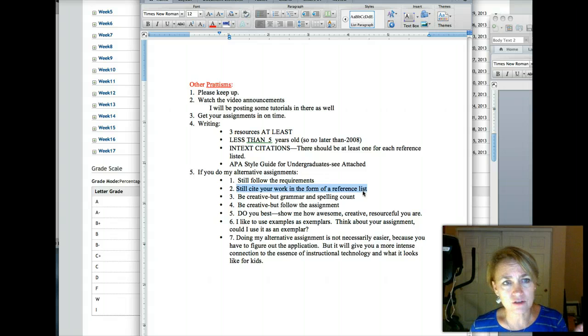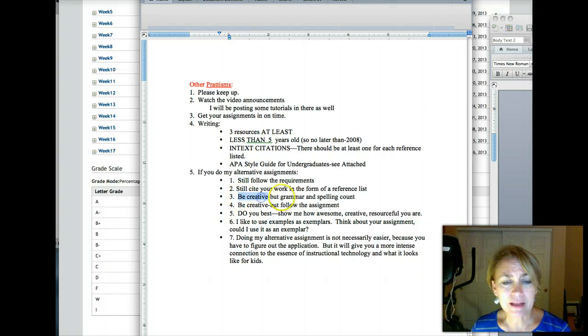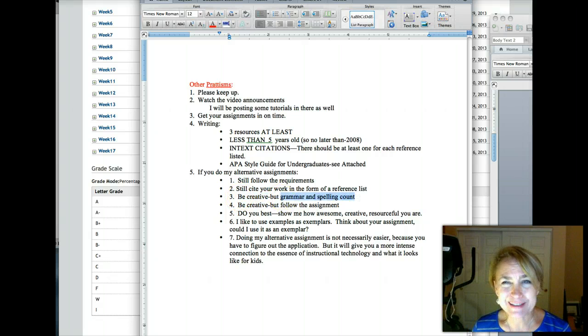Unless there's a direct quote that you would want to put a citation on in some of the writing, you know, if you had writing on there, like we can't use PowerPoint, but like a Prezi or a Glogster, you're going to have writing on there. So maybe you'll cite your work once in a while, but for sure you need to have a reference list. But be creative, but then remember grammar and spelling count. Sometimes for me, even creativity gets the best of me, and then my spelling is atrocious.